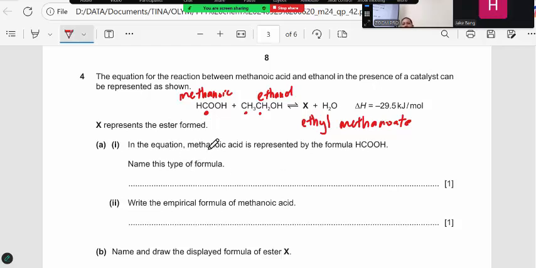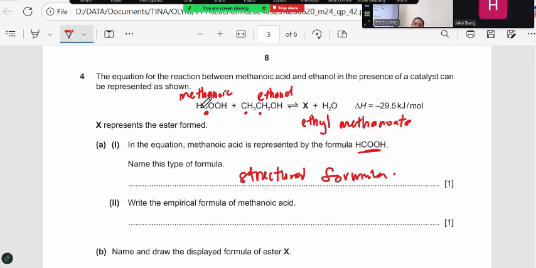Name this type of formula for methanoic acid, represented by HCOOH. This kind of formula is called a structural formula. Empirical formula is the simplest.